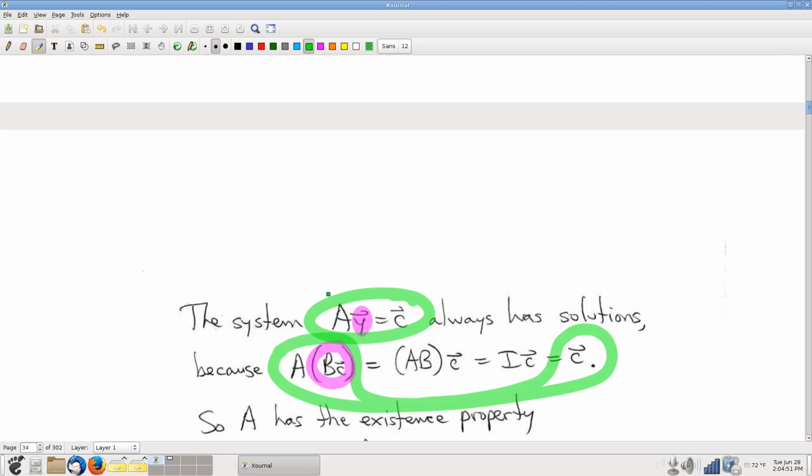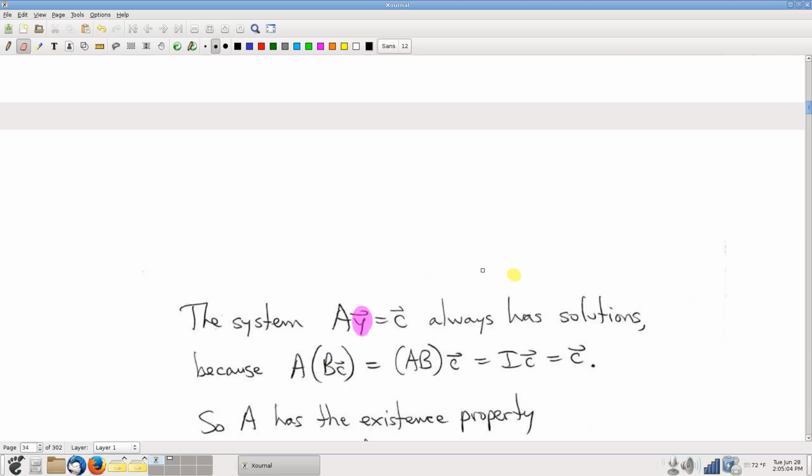So how do I know that this original system always has solutions? Well, because here it is. There's the solution. BC will always work. Okay. All right. So that system always has solutions, and therefore its coefficient matrix, you recall our terminology from earlier, that coefficient matrix has the existence property.